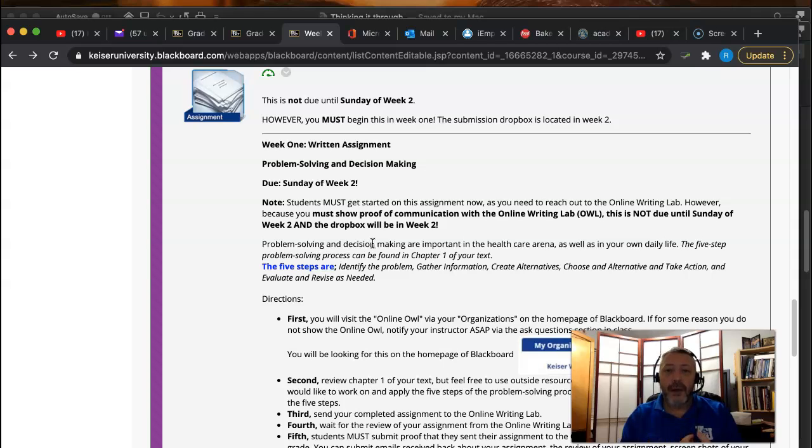So identify a problem. You're going to gather information on that problem, create a list of alternatives, choose one of the alternatives or a hybrid of alternatives, and then act upon it, and then how will you measure that choice, and how will you revise it if it's not working.